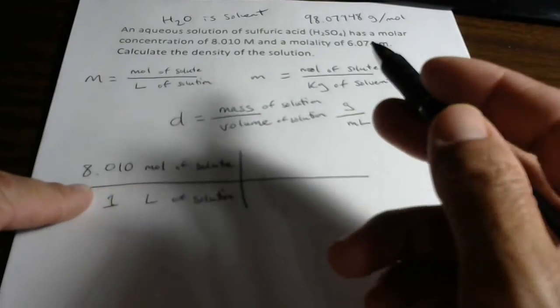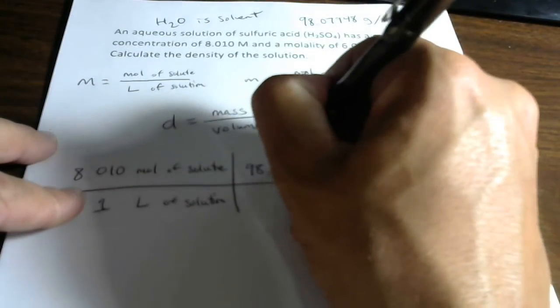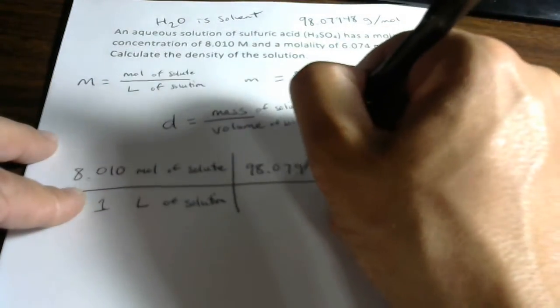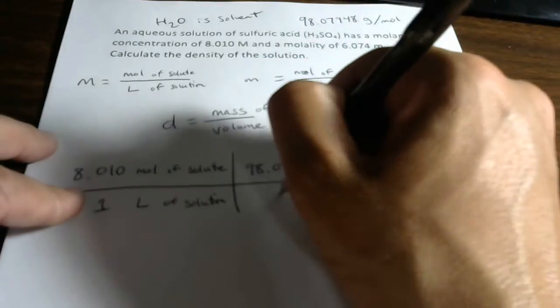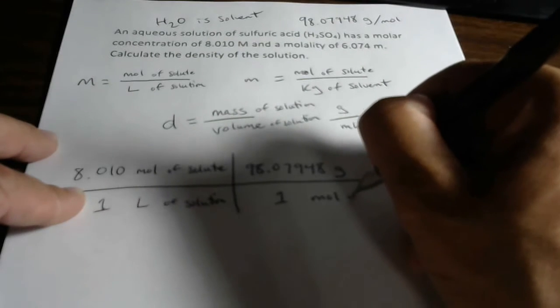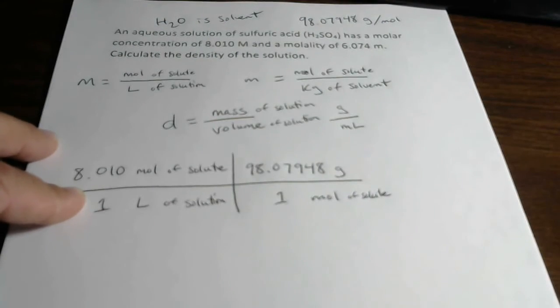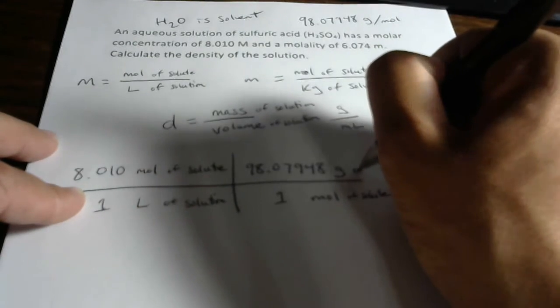So we're going to use our link up here, and I'm going to write it this way: 98.07948 grams are in 1 mole of sulfuric acid. So we could say that's a solute, and we'll say grams of solute.